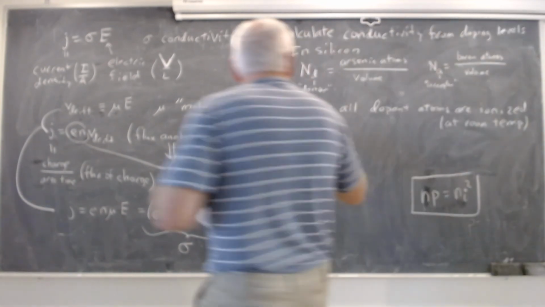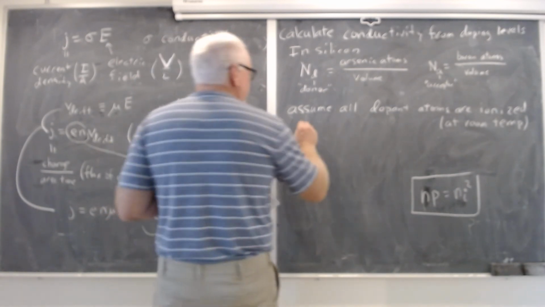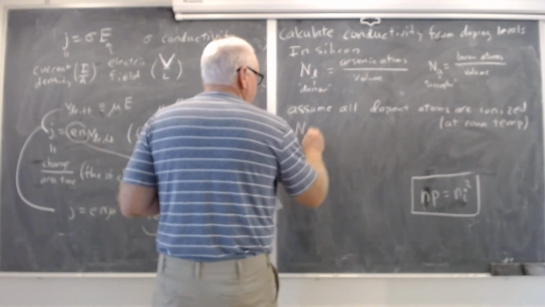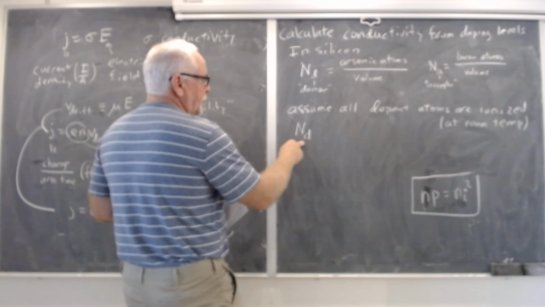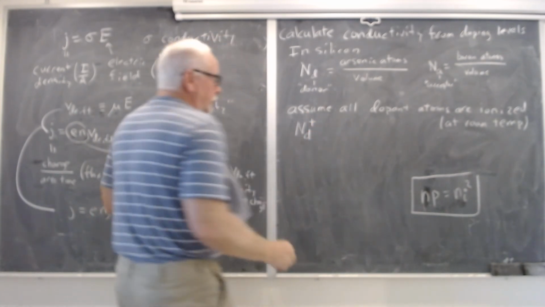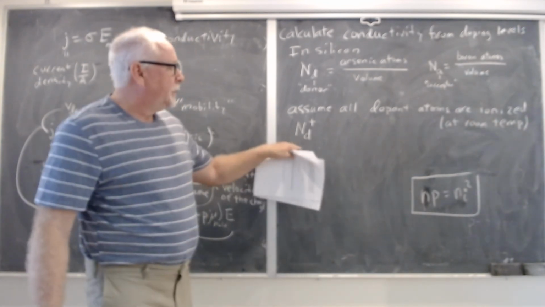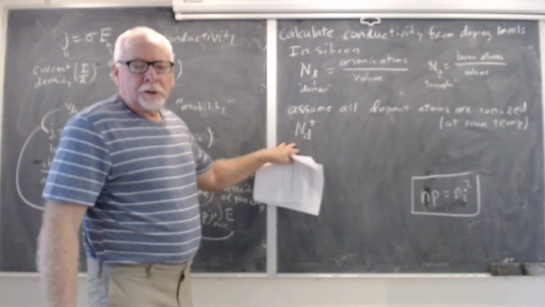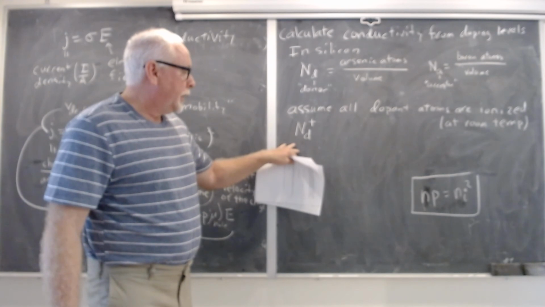And so for purposes of this course, we're going to assume that, now I'm going to write something down here. Remember, when I donate, I become positively charged. And so that refers to the density of ionized donor atoms.